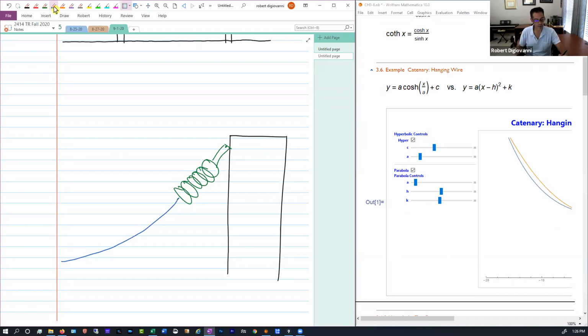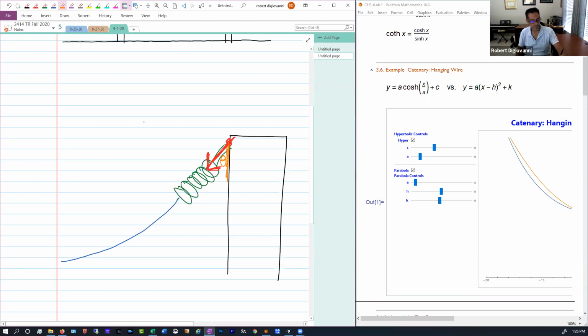One of the things they would need to know, a physics thing, is at this point right here where it's connected, what is the direction of that force? And one of the things we need to determine is what is that angle theta?